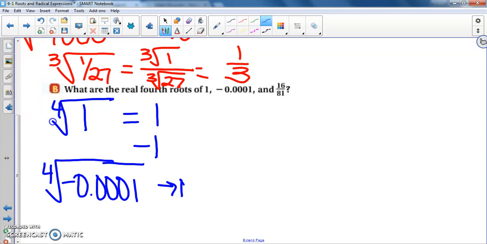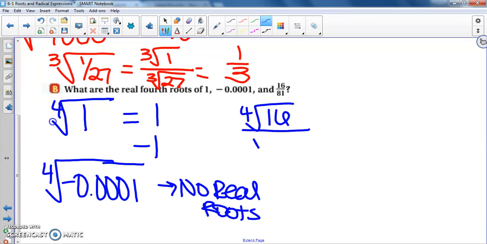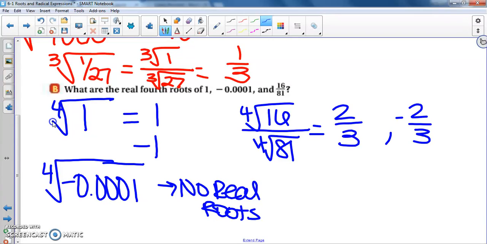No, so we have no real roots. And the last one, we have the fourth root of 16 over the fourth root of 81. So this is equal to 2 over 3. But we could also have the negative, so we could have 2 over 3 or negative 2 over 3.